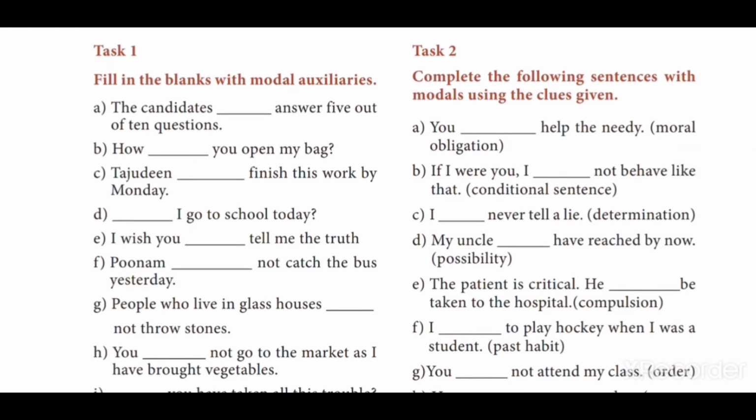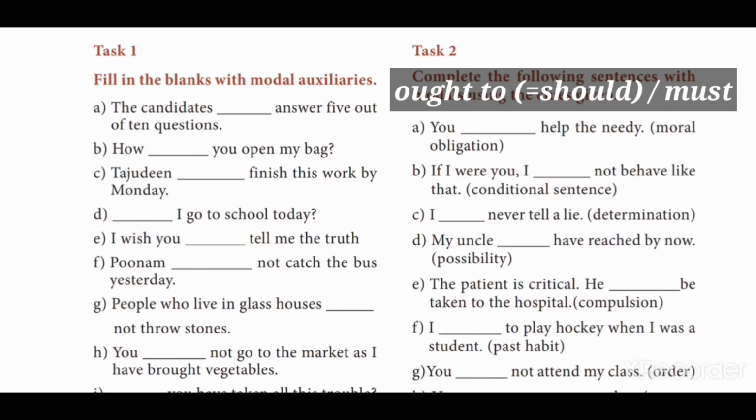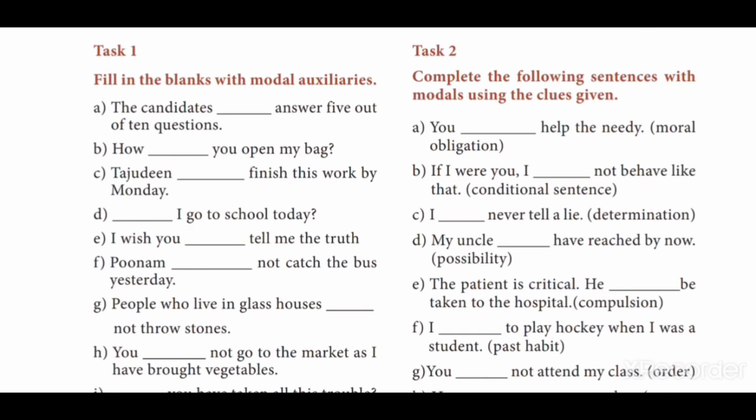Complete the following sentences with modals using clues given. A. You dash help the needy. The clue is moral obligation within brackets. So the answer is ought to. B. If I were you, I dash not behave like that.